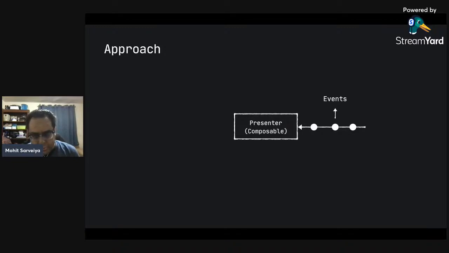The presenter, this composable function, takes in a flow of events, which could be any type of event, some data that was fetched or something else, and it knows how to take this stream and apply some business logic to generate and return a view state.